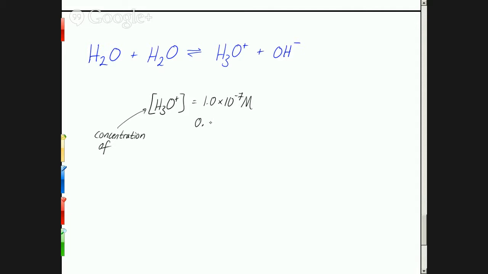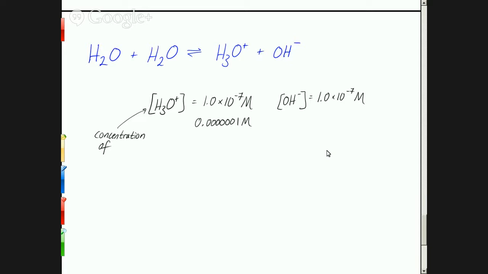So that's 0.0000001 molar. Like I said, pretty small. It's not ionizing completely. It's just ionizing a bit. And actually the concentration of hydroxide is the same, because for every mole you form of one, you have to form a mole of the other one too.